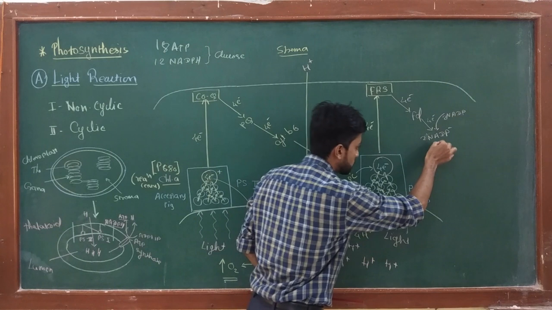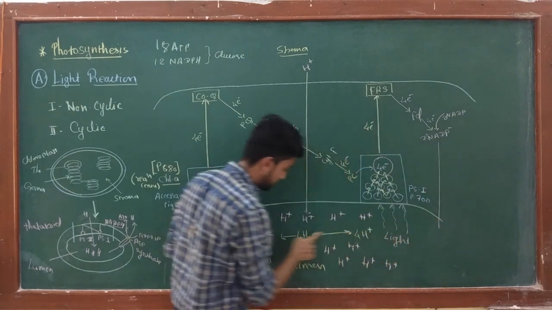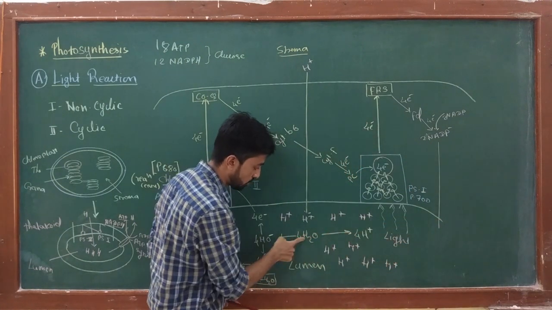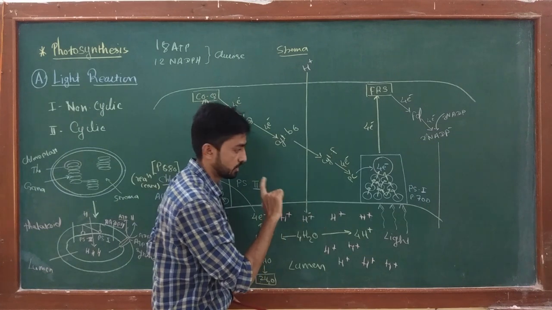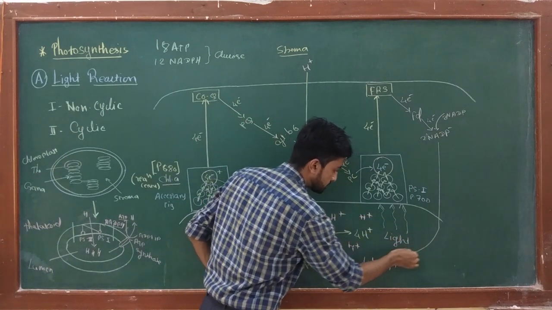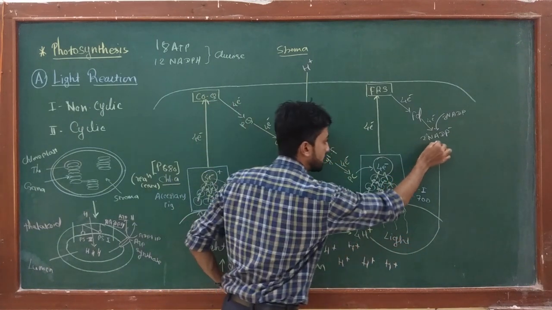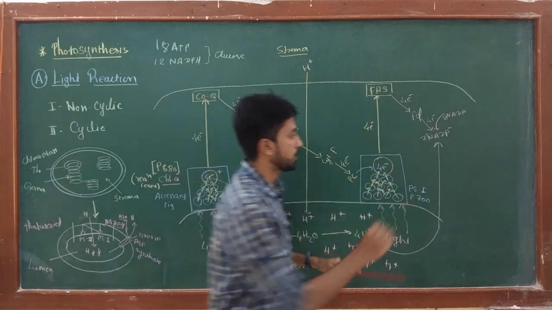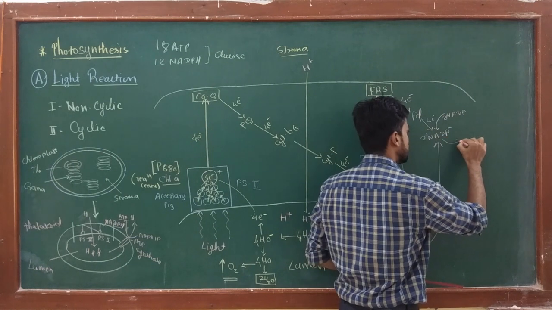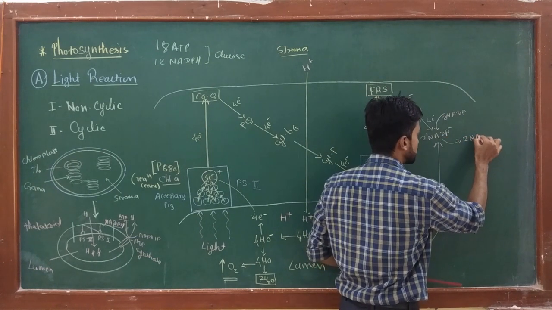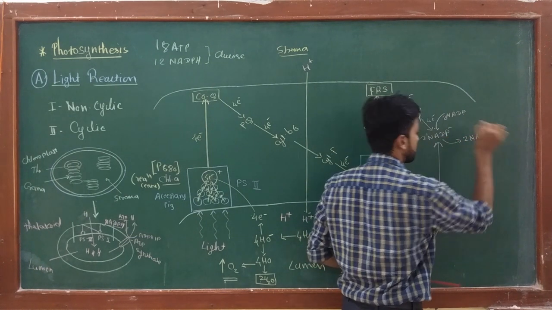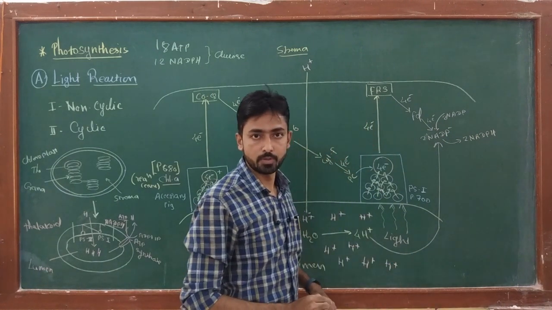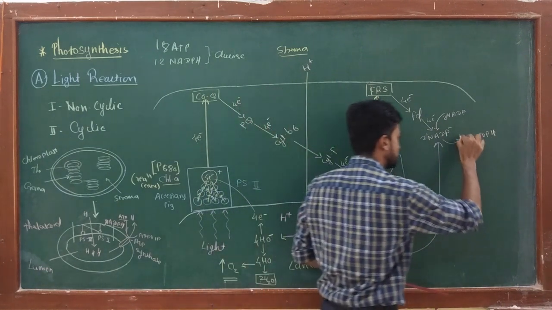Okay, so these hydrogen ions, which were released from the water molecule, now come into the picture. These 4 hydrogen ions are accepted by 2 NADP minus, and now 2 NADPH is produced.